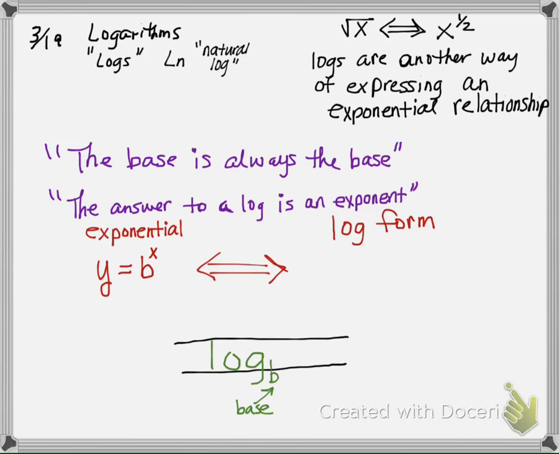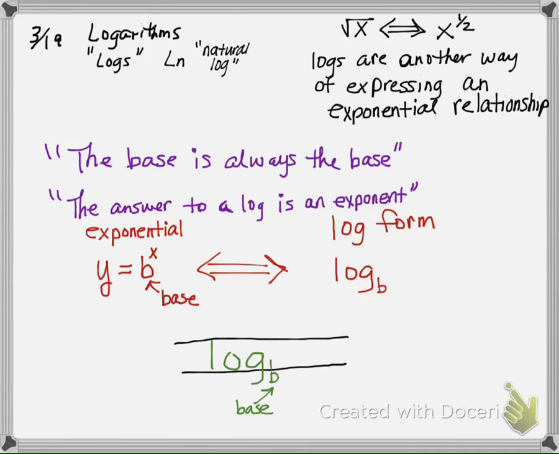So if I'm going to write this in log form, we're going to write out the word log, and that first phrase, the base is always the base, kind of gave away the answer here. The base of our exponential is clearly the letter b, right? That's what's being raised to the exponent. And so when we write our base in log form, we want to make sure that we write it as a subscript next to the word log. Does that make sense? All right. What does the next sentence say?